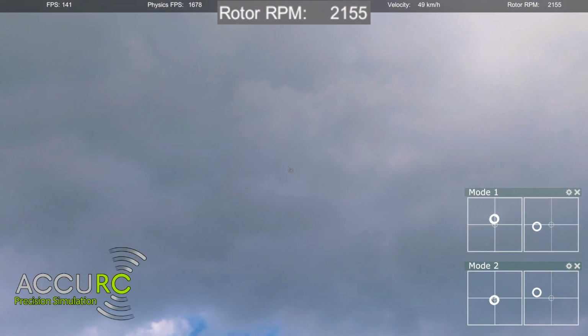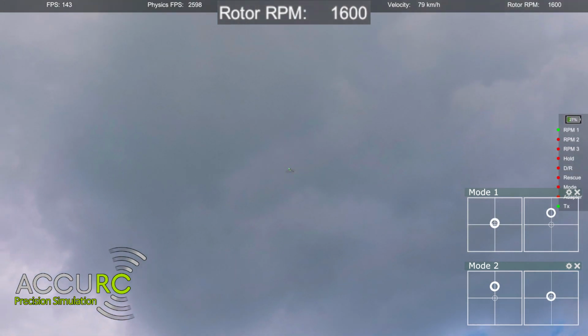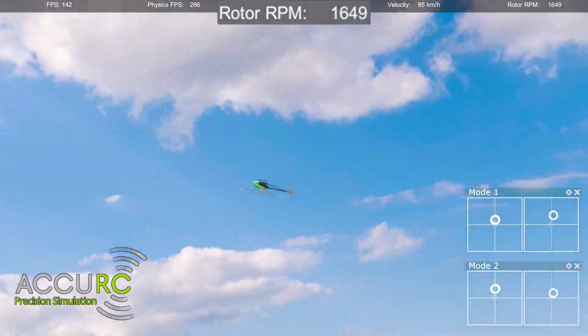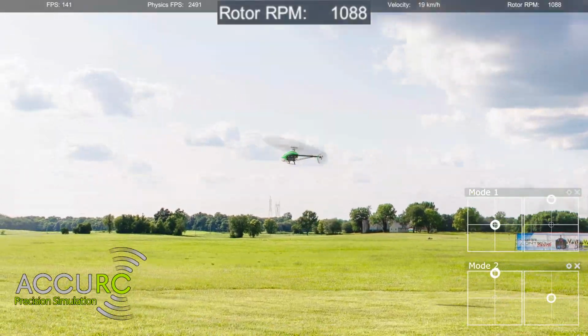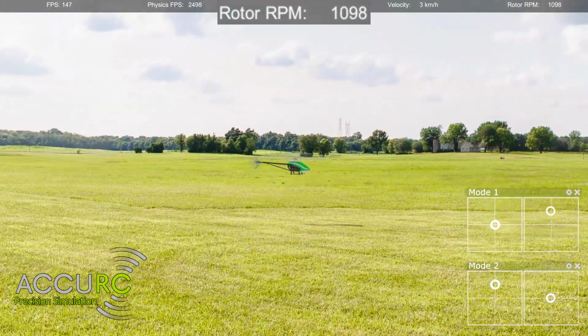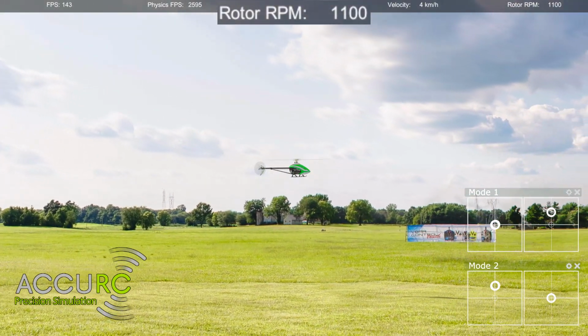So I could come in, level, go positive collective because it's inverted, and auto down like this, but what are you gonna do with your energy? You're not really gonna have that much energy to flip around and land, because the flip will eat up most of your RPM. So we're gonna do it a bit differently.